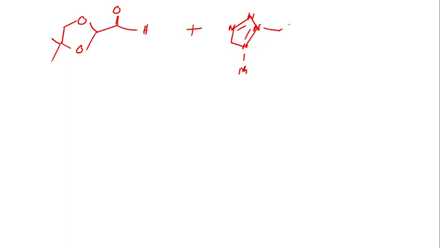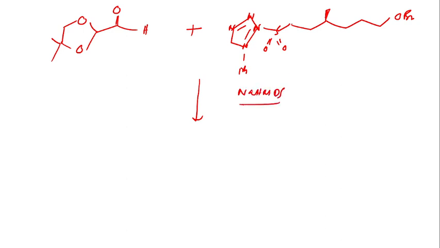I will not show you the mechanism for these things, later I can. OBN, just do not count the carbons. So here if I use NaHMDS, which is a base, this minus will attack here. As a result, we know that at this position we have one double bond in trans position.